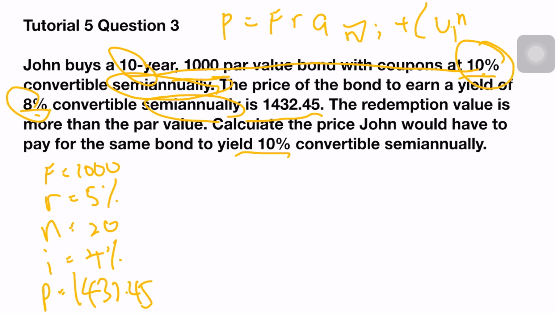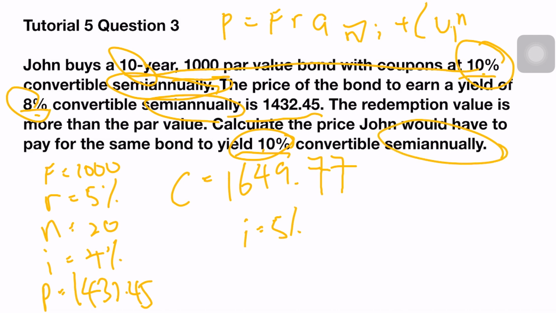And then we can get C is 1649.77, and then the question wants us to find the different P with the different I. So we use I equals 5% because 10% semi-annually.